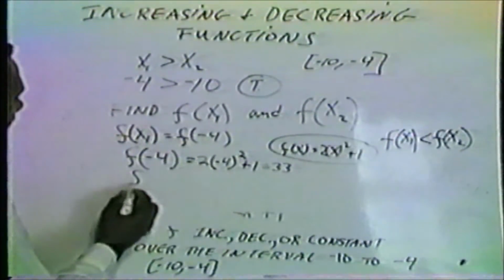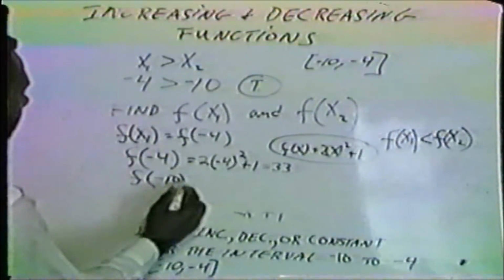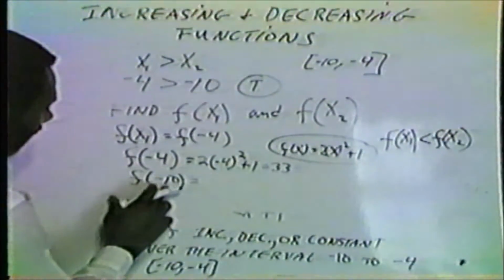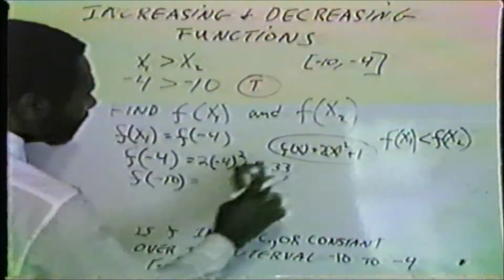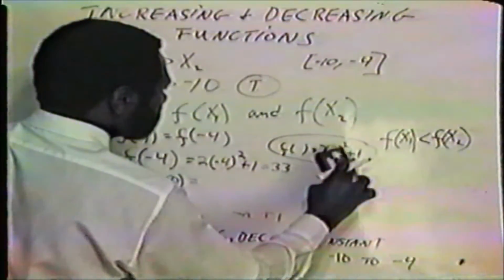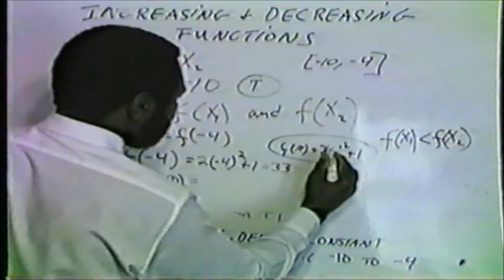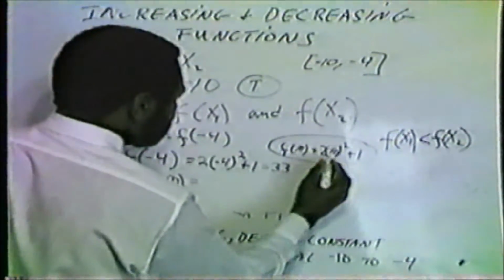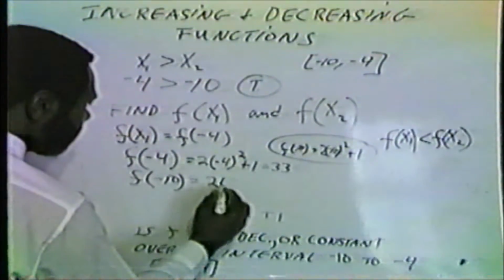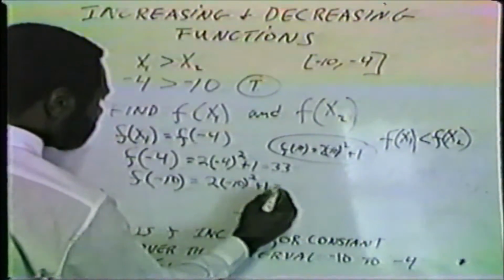Now we find f of negative 10. To find f of negative 10, everywhere we have x in our equation, we substitute negative 10. So f of negative 10 equals 2 times negative 10 squared plus 1.